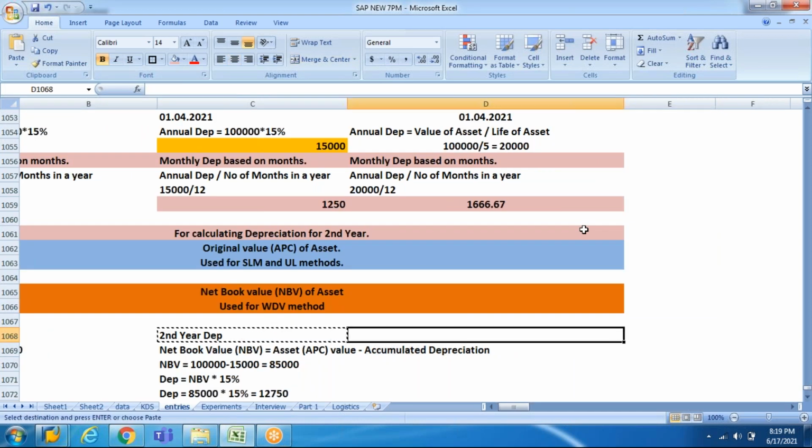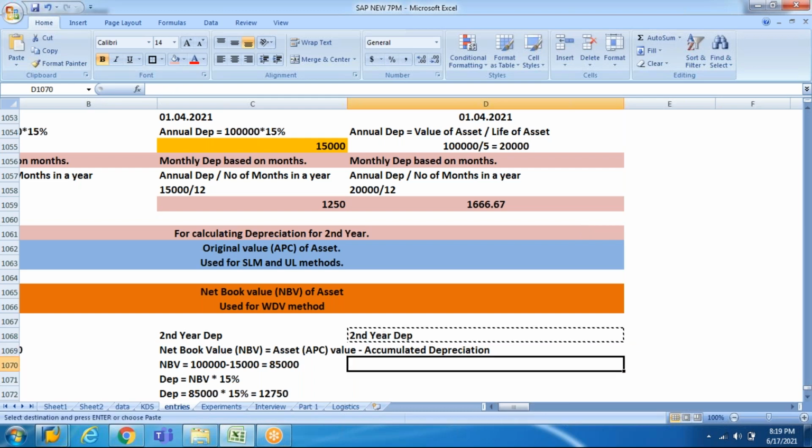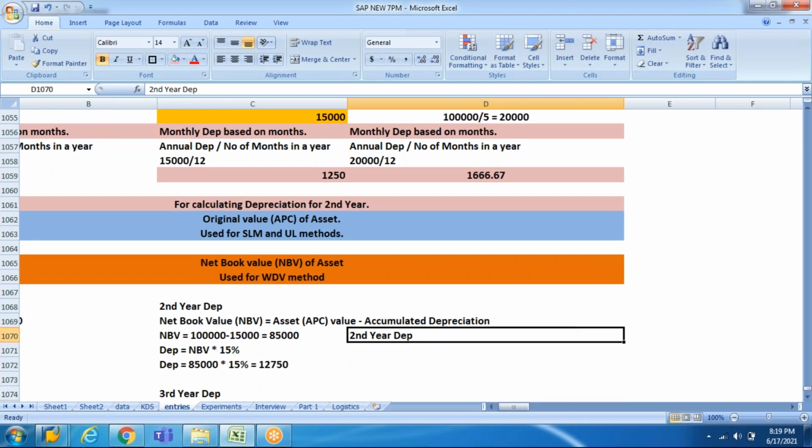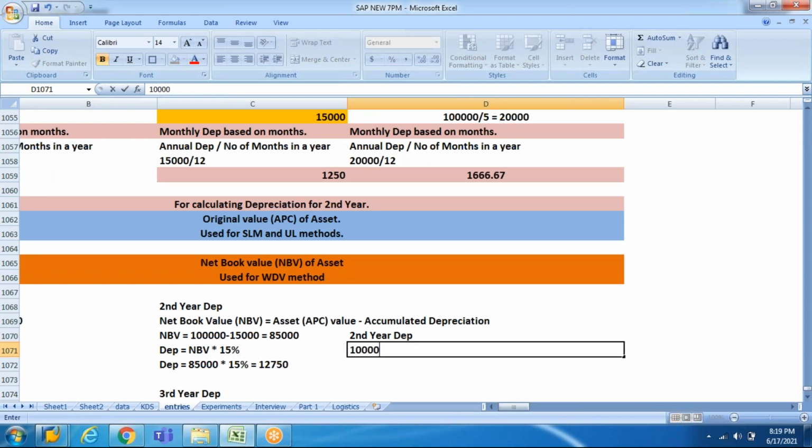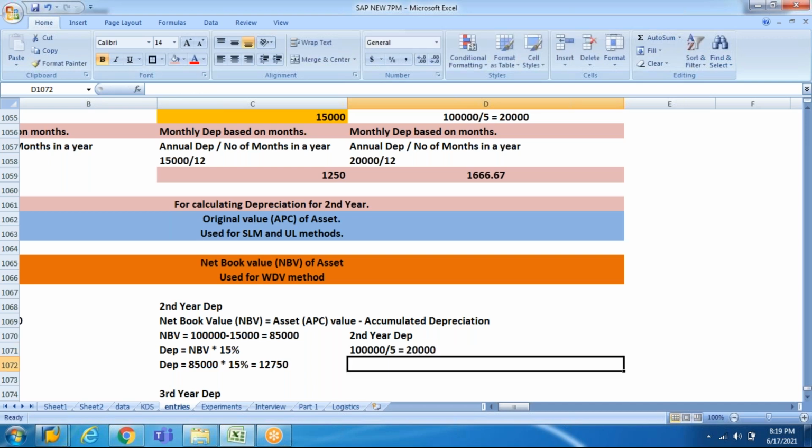Second year depreciation will be the same thing: 1 lakh divided by 5, that is equal to 20,000. Because you are using the useful life method. For the useful life method, it is the same logic as we used for the straight line method. Correct?